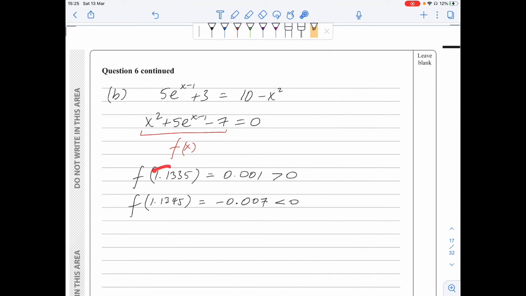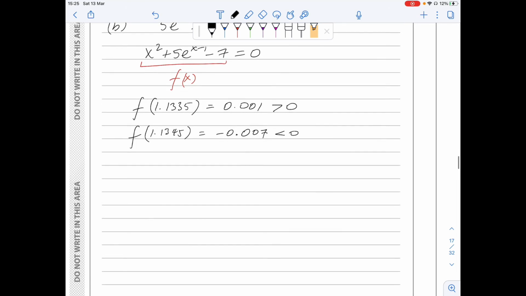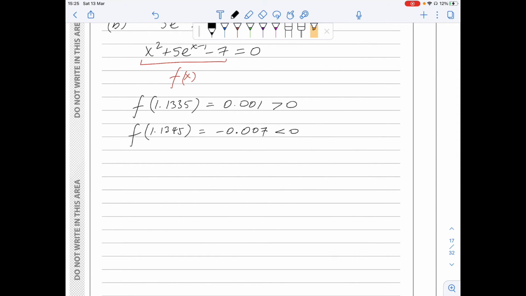Now these two values are the upper and lower bounds of my root. And then I'm going to make a comment. There is a change of sign and f of x is continuous, hence alpha equals 1.134 to 3 decimal places.